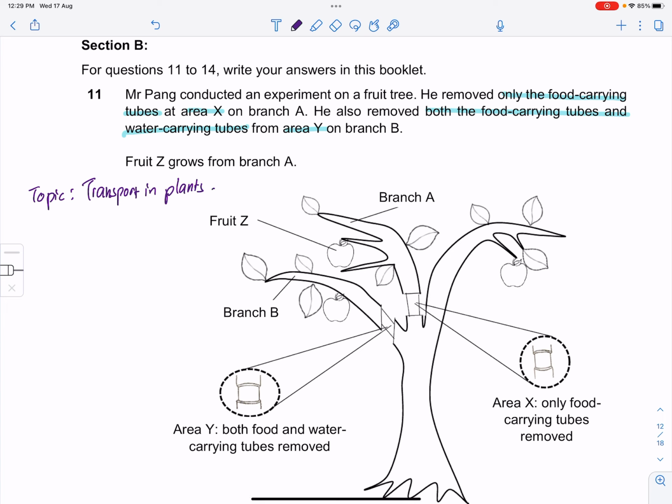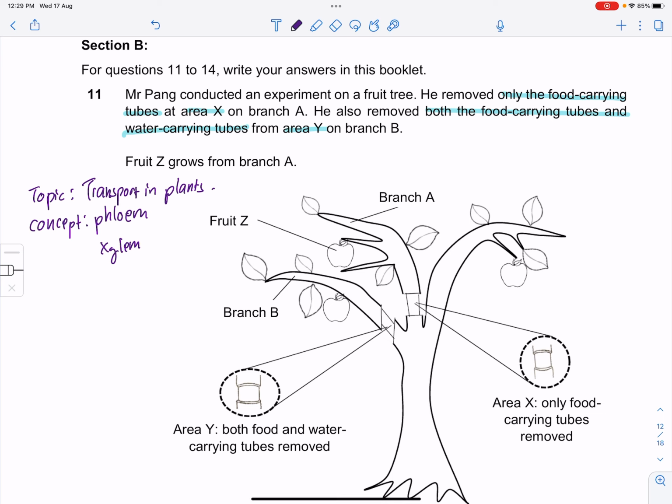Now, there are many things that you can talk about in transport in plants. You can talk about water being lost through the stomata. That is a concept. Another concept would include what the different vessels carry. In this case, the concept being tested is probably your water carrying and food carrying tubes, which are also known as your phloem and xylem.